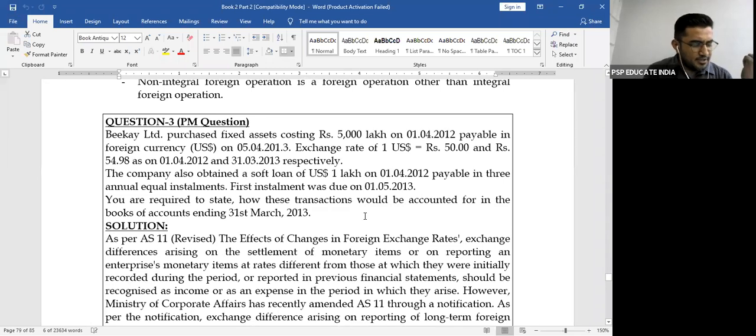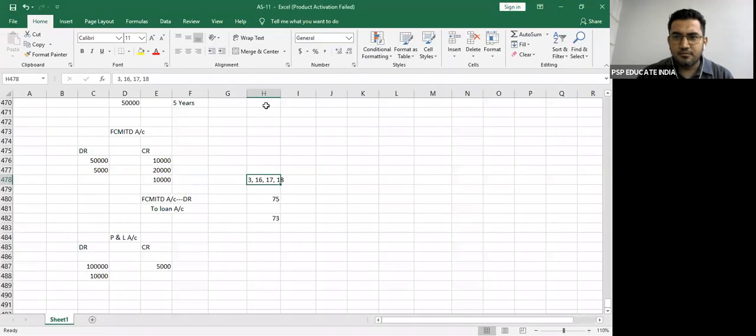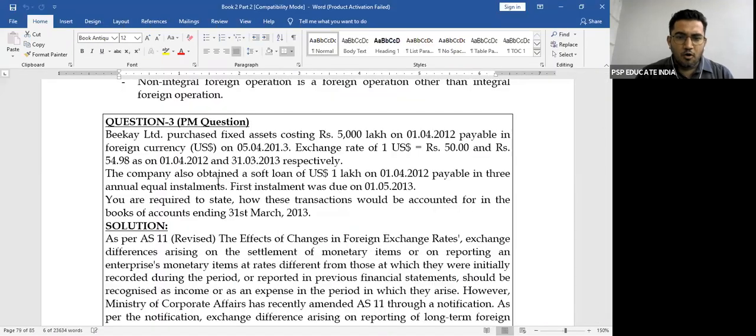Come to question number 3. Mark this important last day revision question. Question 3. Okay, pay attention, question 3, it's a good question to understand.